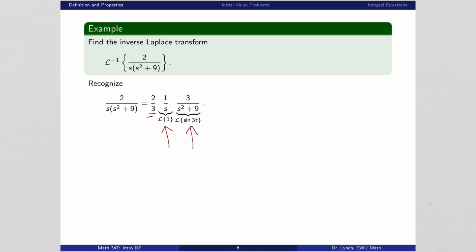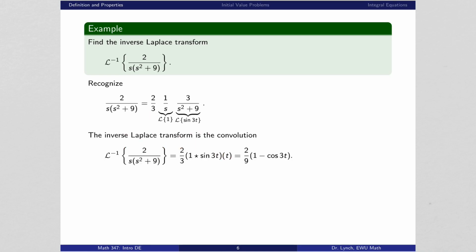Now once we do that, the inverse transform is just going to be 2/3 times the convolution of 1 with sine of 3t. Now we actually found that in a previous example, right? We found that to be 1/3 times 1 minus cosine of 3t. So incorporating the factor out front of 2/3, we end up with the desired inverse transform, 2/9 times 1 minus cosine of 3t.